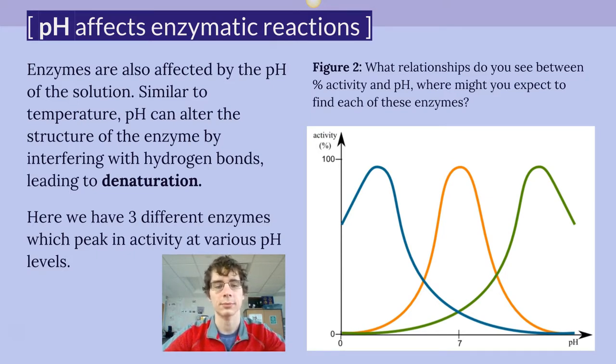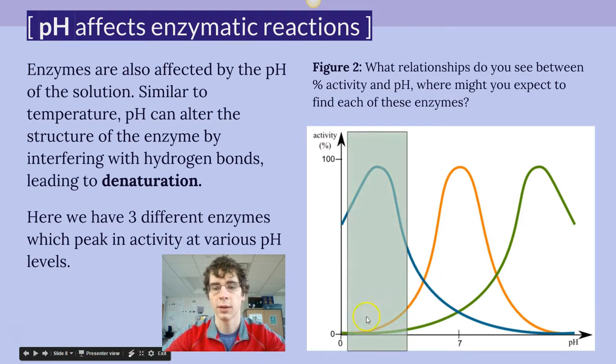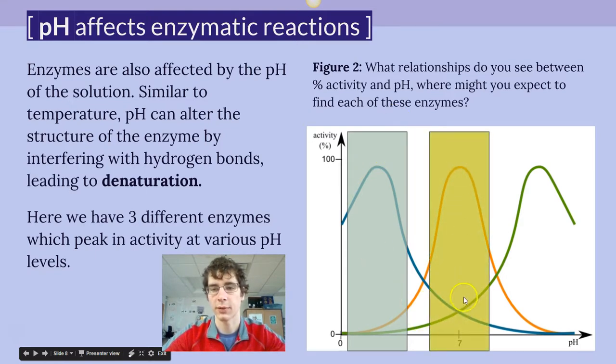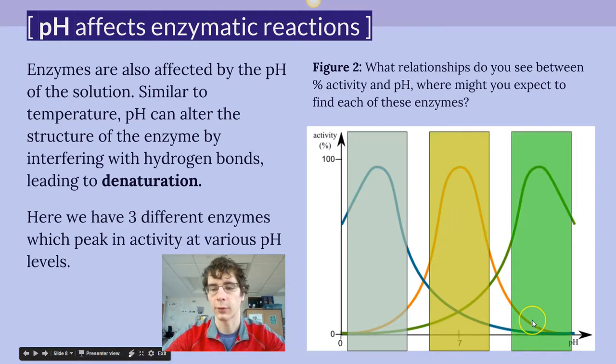Here we have 3 different enzymes that peak at various pH levels. All right, so we see the blue one here is peaking at a very low pH, which means high acidity. The yellow one is peaking at around 7, which is neutral. And then the green one is peaking at around, let's say, 11 pH, which is very basic, okay?